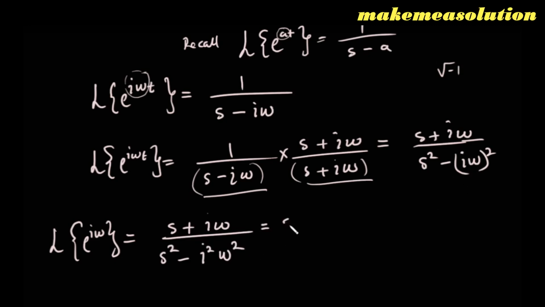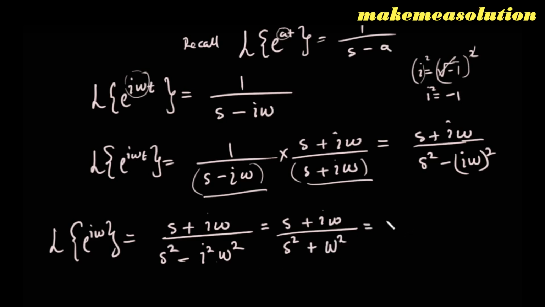Now i squared in mathematics, if you square both sides of i equals root minus 1, you have i squared to be minus 1, because the square cancels out the root. So you have minus minus, and it gives you a plus, and this is omega squared.